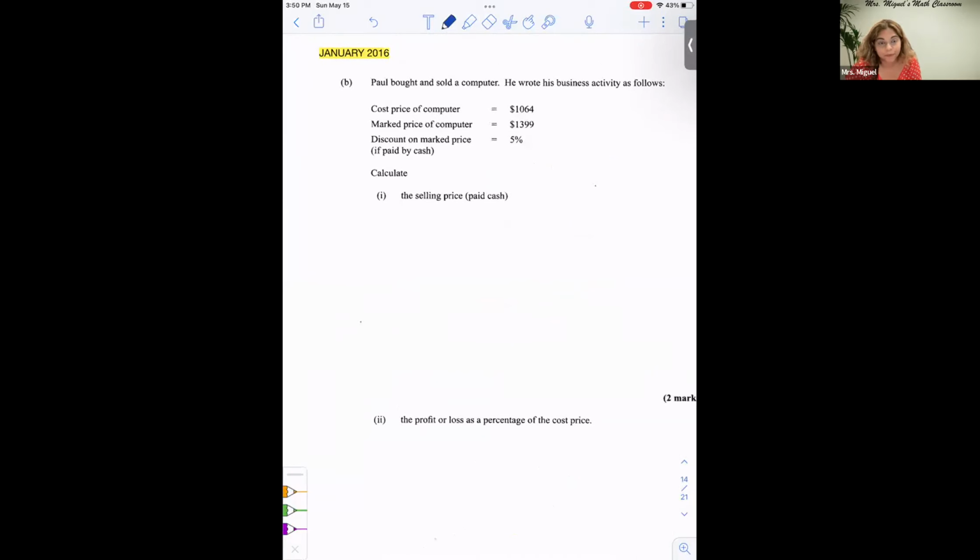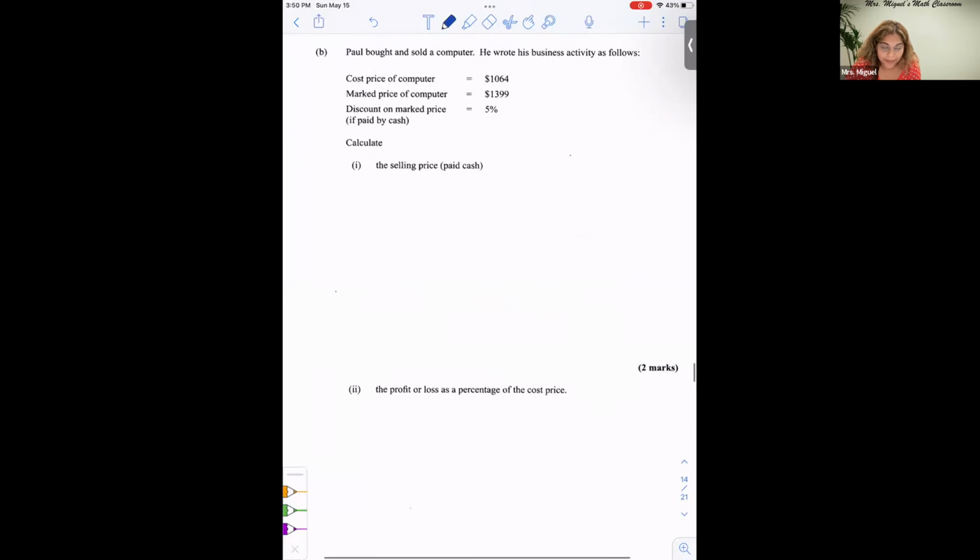Another thing they can bring in consumer arithmetic is profit and loss. Paul bought and sold a computer. He wrote his business activity as the cost price is the amount that you buy the computer for. The mark price is the amount you sell it for. The discount is how much is a lower price of the selling price.